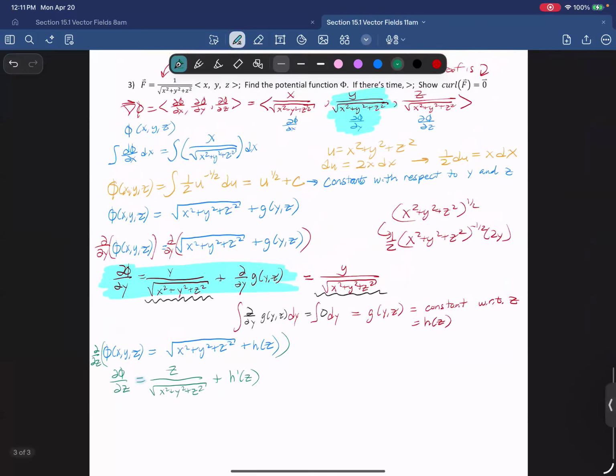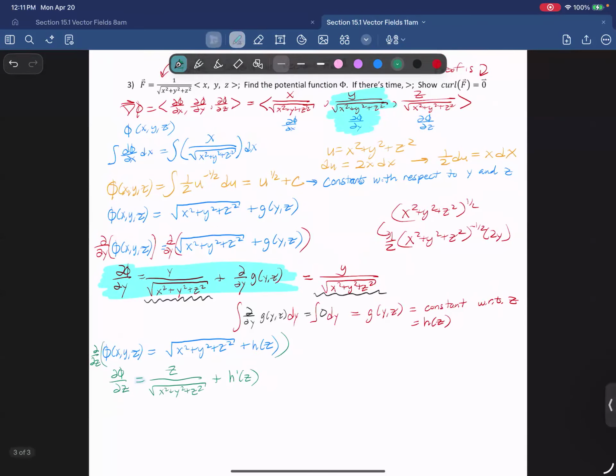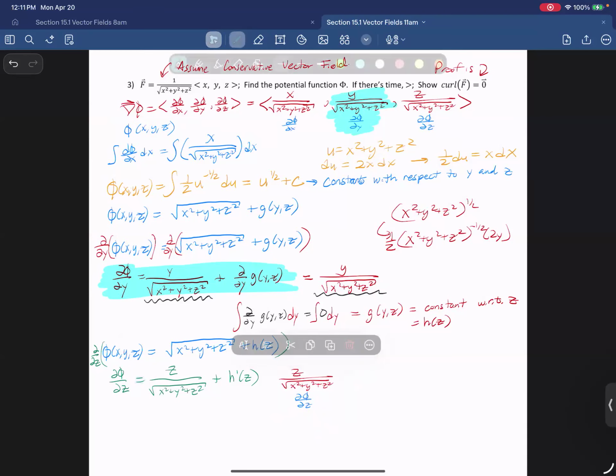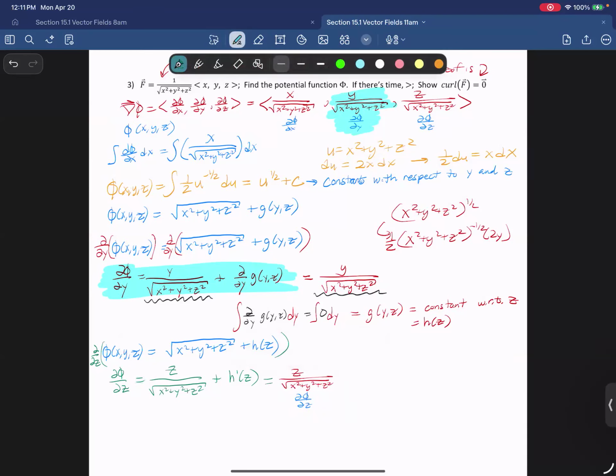And that should equal our d phi dz up here, which means h prime of z equals 0. And if we integrate that with respect to z, we get h of z is just a constant.